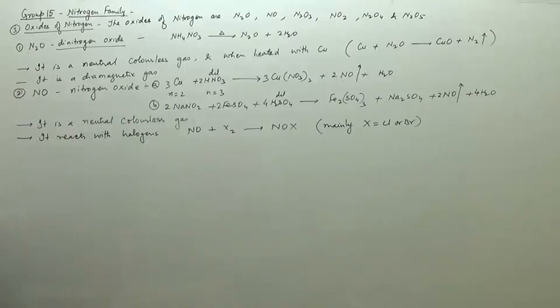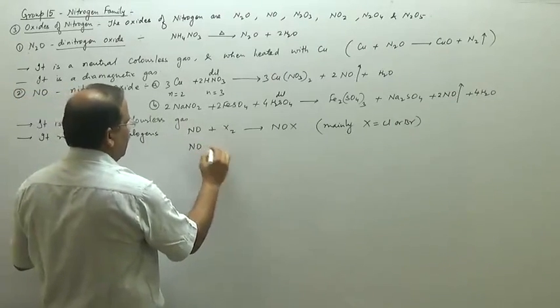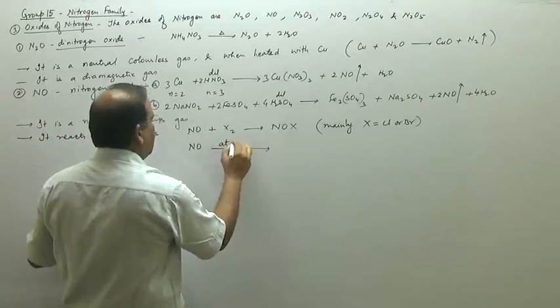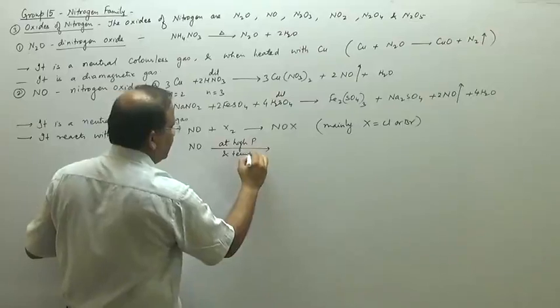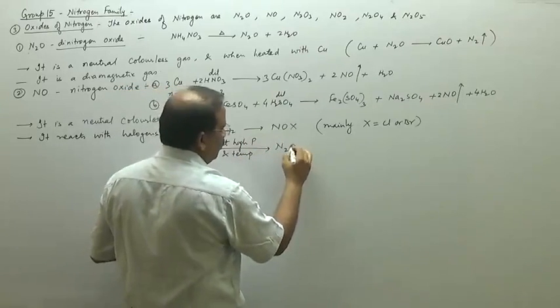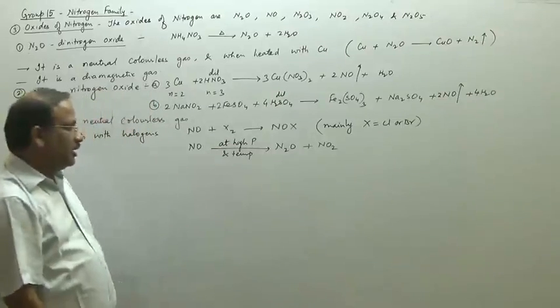And also we used to say that at high pressure and temperature, NO gets disproportionated into N2O plus NO2. So it gives a disproportionation reaction like this.